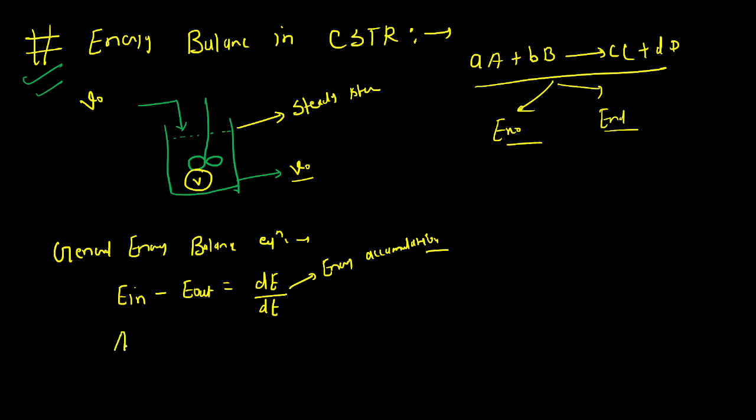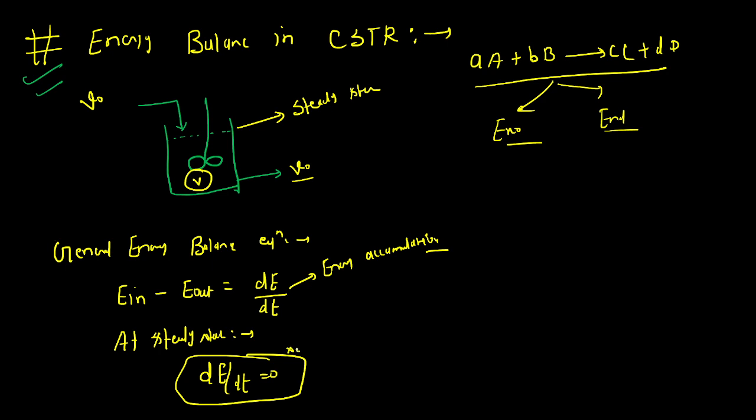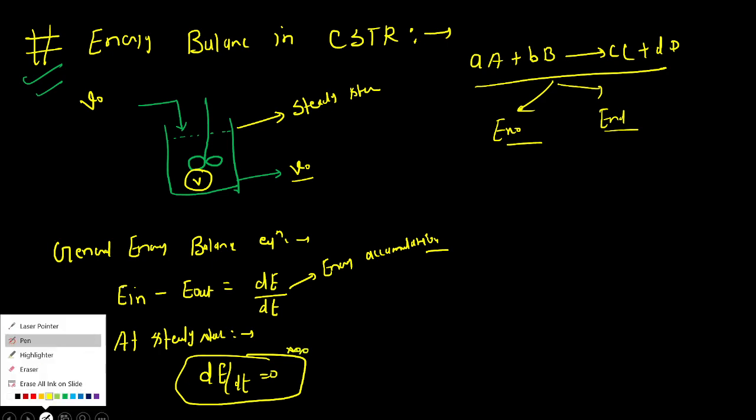If we talk about a steady state, generally I am interested in calculating this value at a steady state. So dE by dt will be equal to 0. The continuous stirred tank reactor will be at a steady state. So energy in minus energy out should be equal to 0. That is equation first, right?